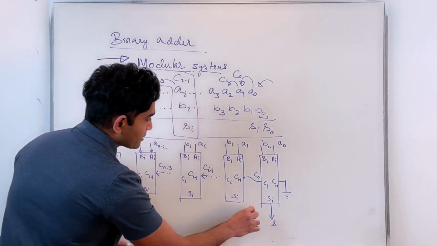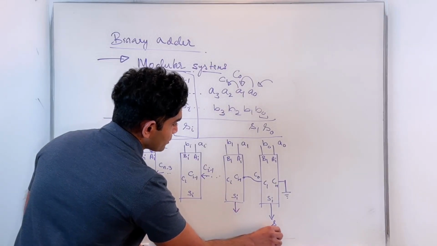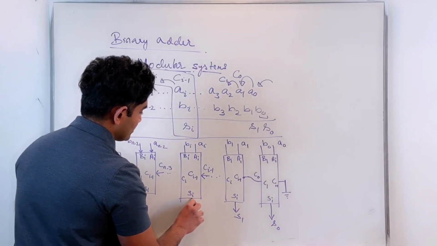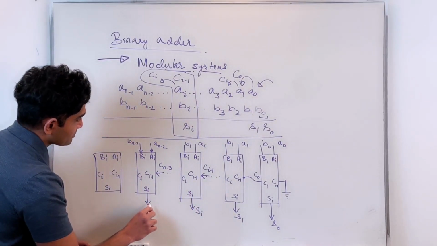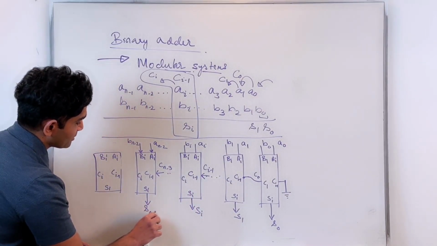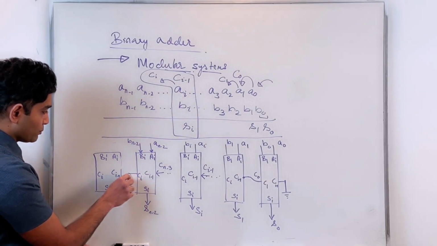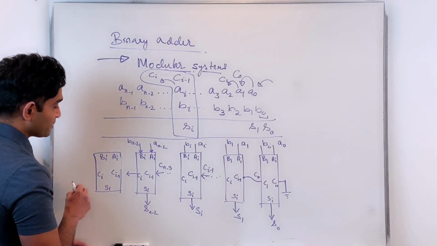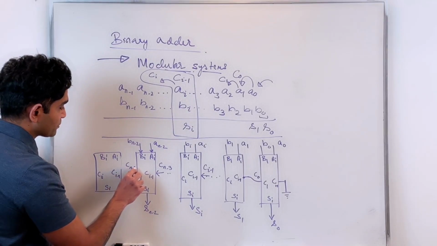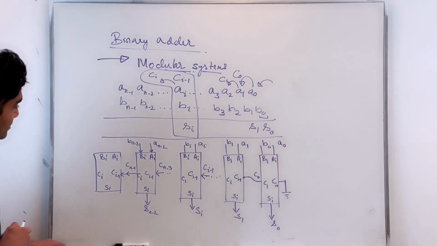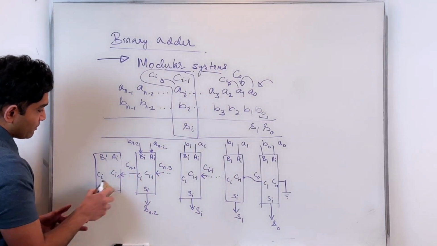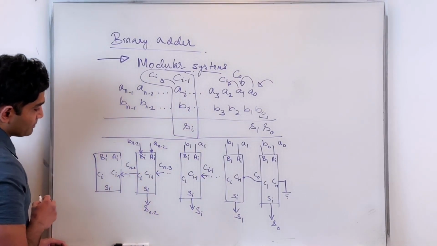And of course, I'm going to get here, that's my S0, S1. That's going to be my SI. That's going to be my SN minus second. This is going to produce CN minus 2, which is going to go to the CI minus 1 input of the last adder.